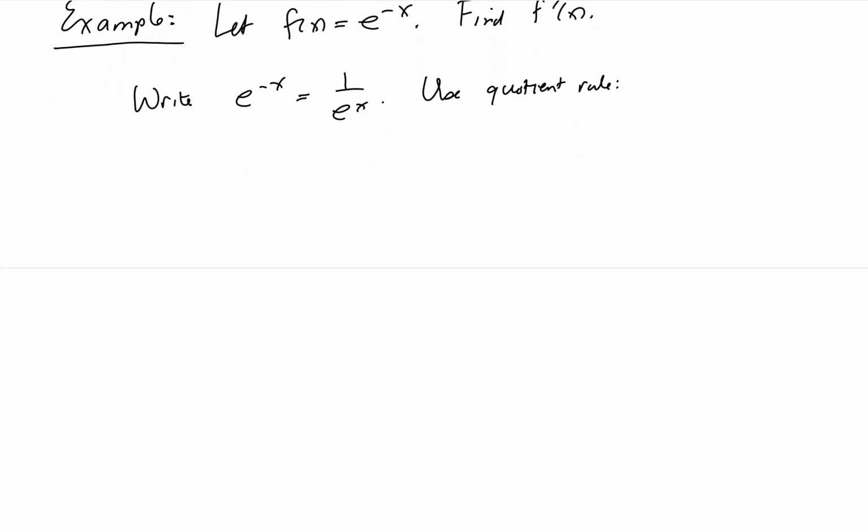So that means f prime of x is the derivative of the top part times the bottom, minus the top part times the derivative of the bottom, all over the bottom squared.